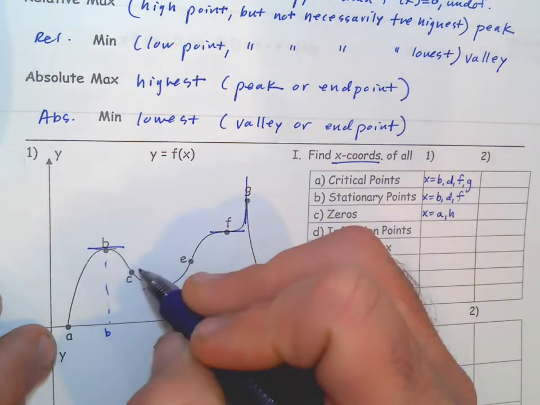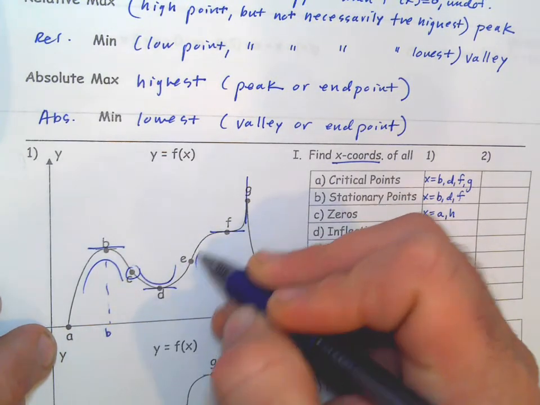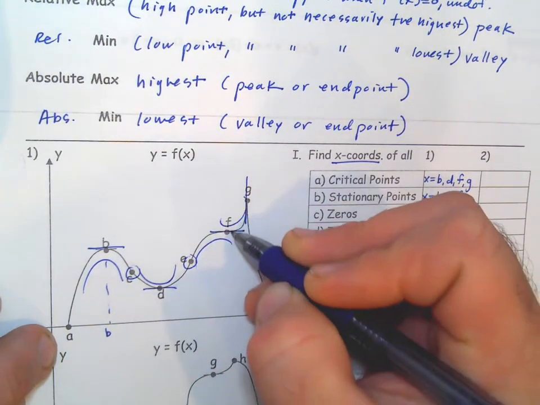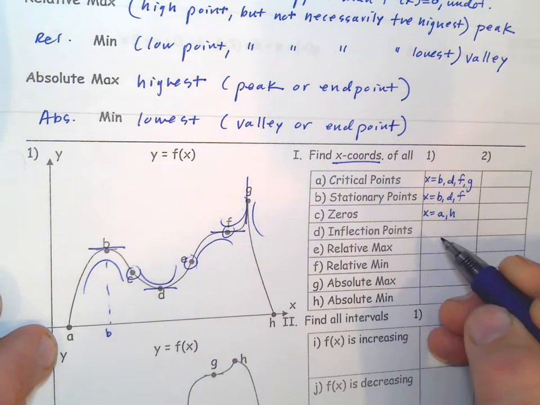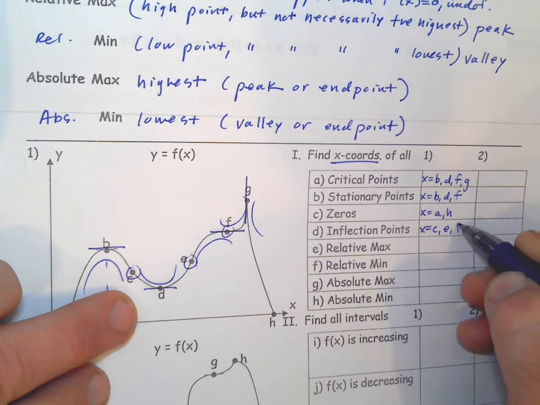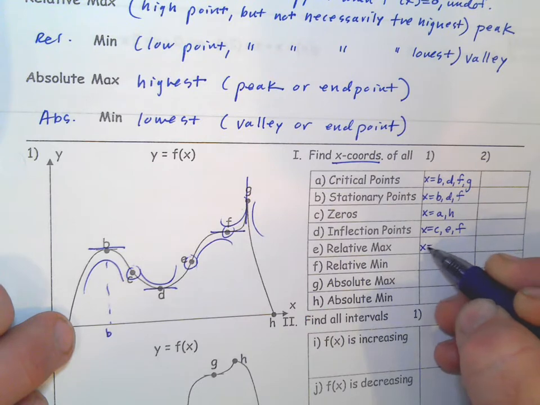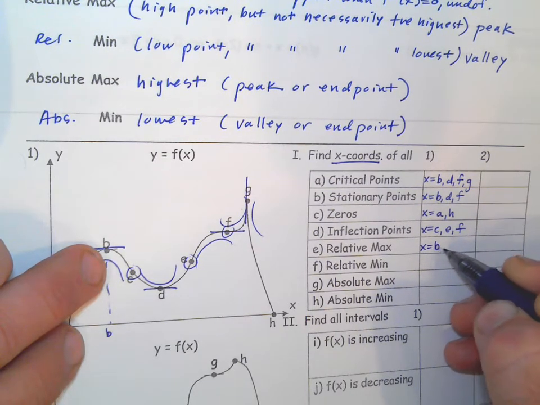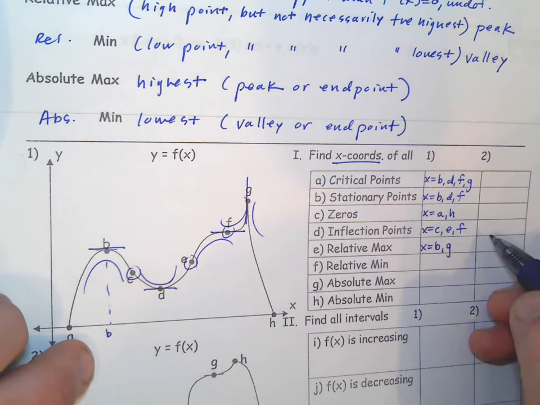Inflection points, well, I would say the concavity changes here, from up to down. G could be an inflection point at a cusp if it changed the concavity. It doesn't this time. So inflection points are at C, E, and F. Relative max are just the peaks, B and G. G is a relative max.